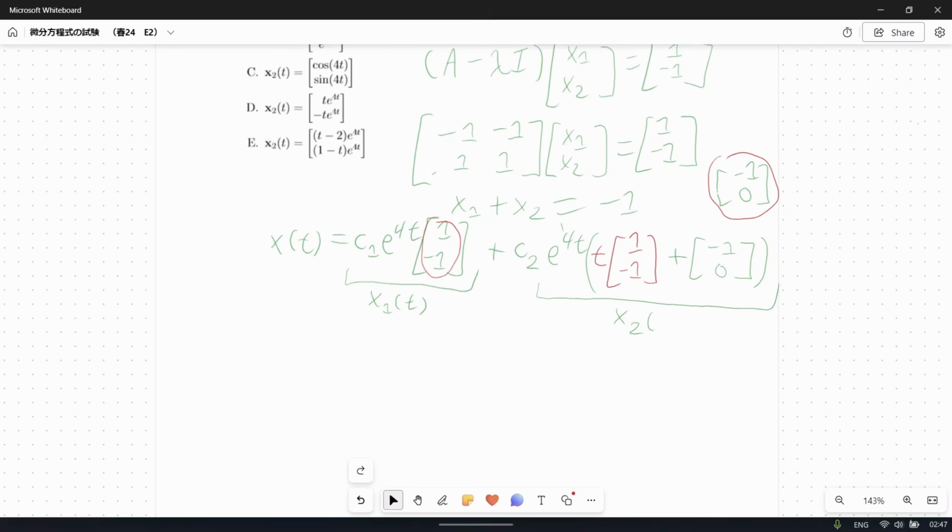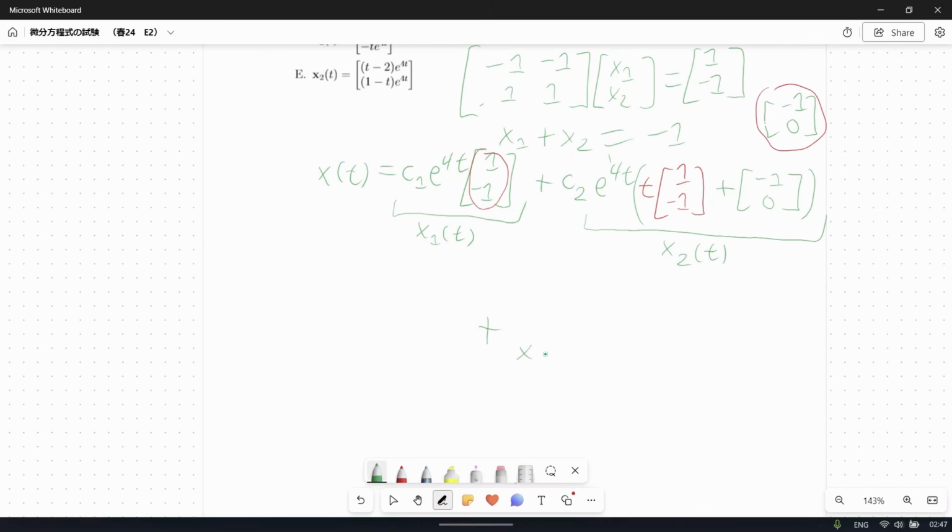The reason why is because if we had a third term, an x₃(t) term down here, then it would still be the same case where the beginning is c₃ e^(4t), but we'd have to multiply the first vector by t squared over 2 factorial, and then this term by t over 1 factorial, and then add a new eigenvector to the end of that.